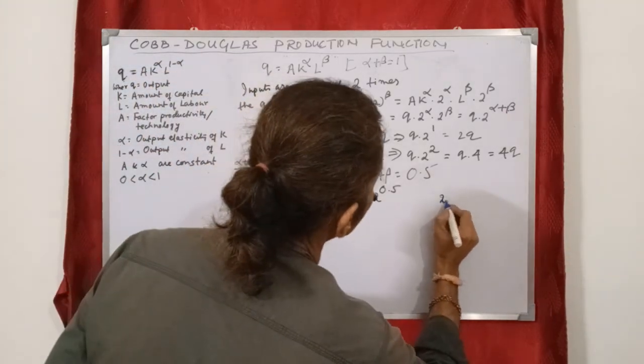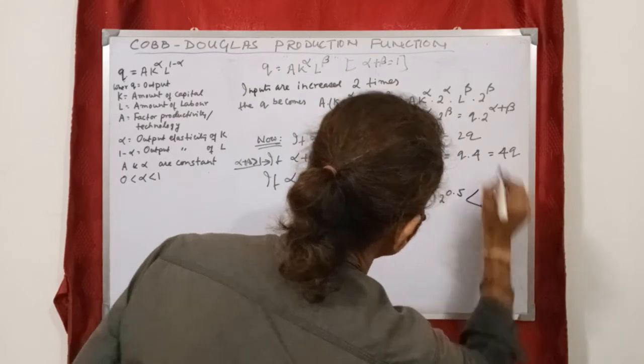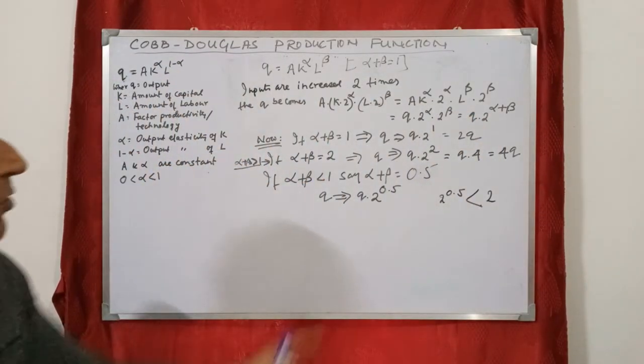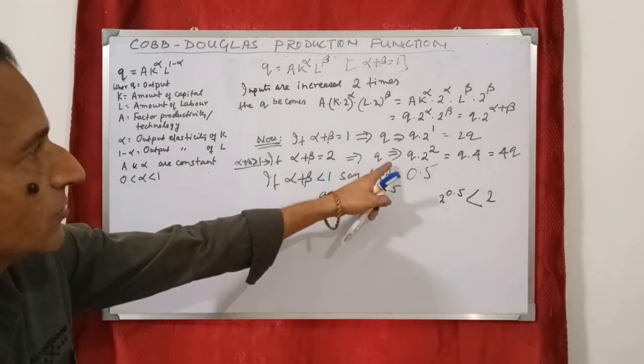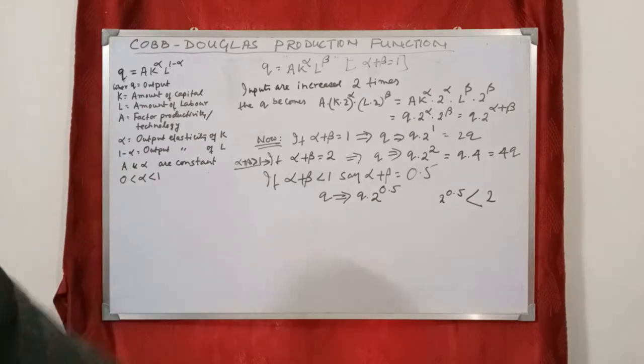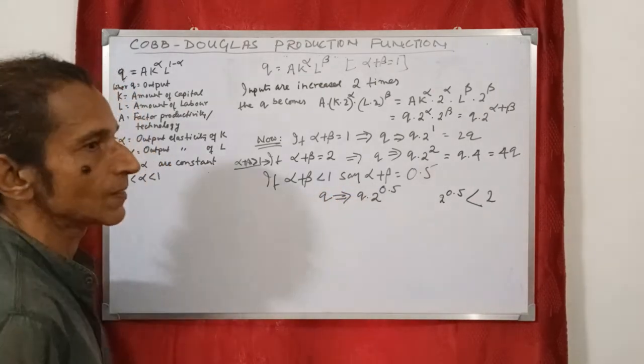Now 2 to the power 0.5 is certainly less than 2. That means when inputs are increased by 2 times, output is increasing by less than 2 times, because alpha plus beta is less than 1.